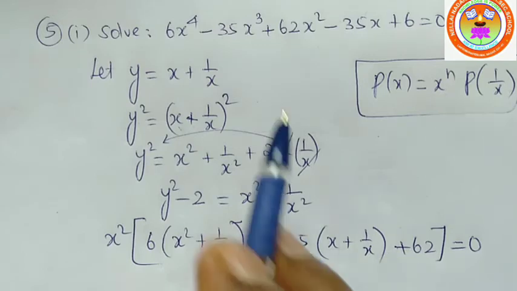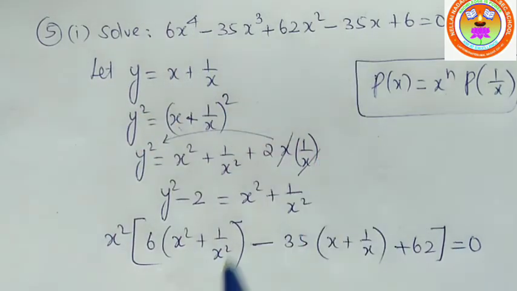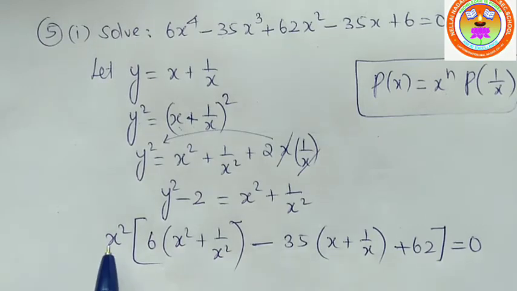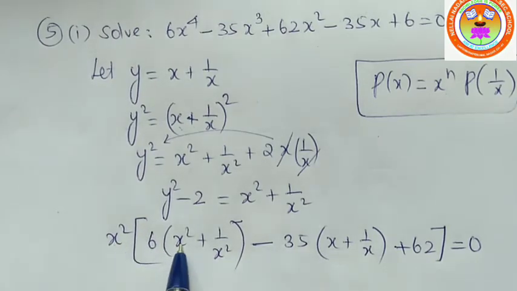This equation and the given equation, both are same. Let me check now. When we multiply x square inside, 6x square into x square, that is 6x raised to 4.